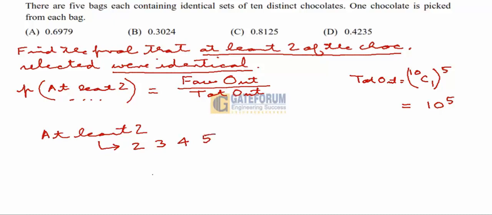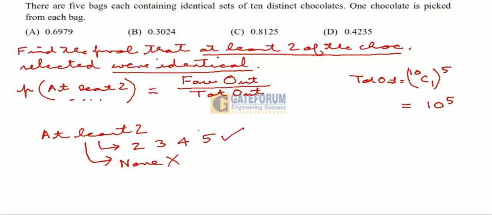I hope you can understand. It can't be more than 5 because there were 5 bags, and from each bag you are selecting one. So at least 2 will include all of these. The only thing it doesn't include is none are identical.